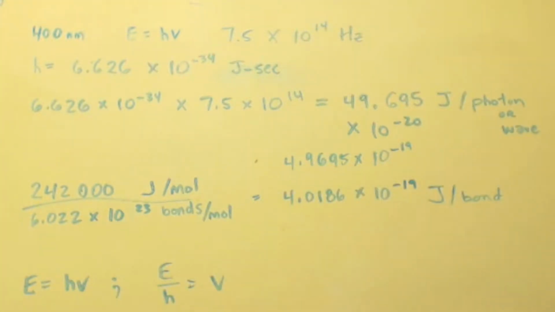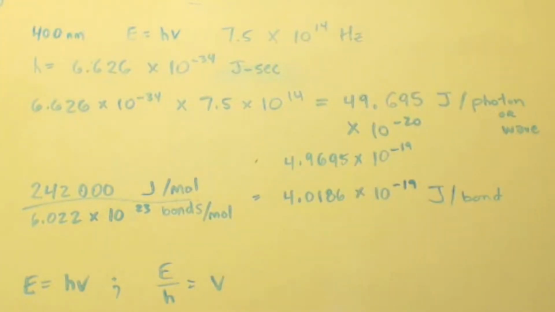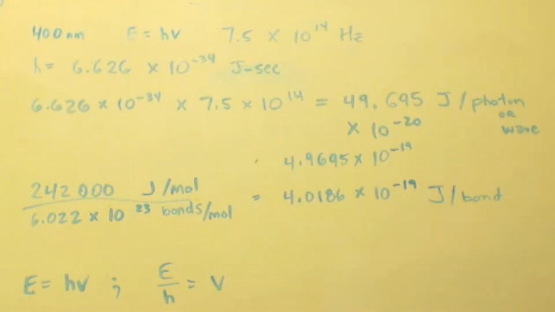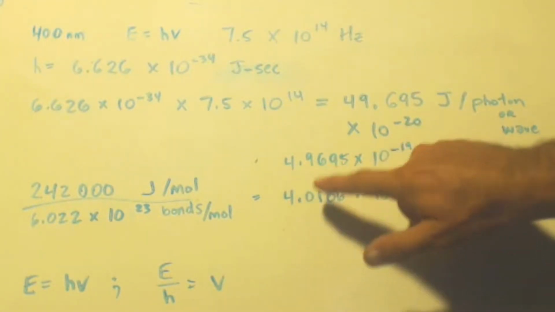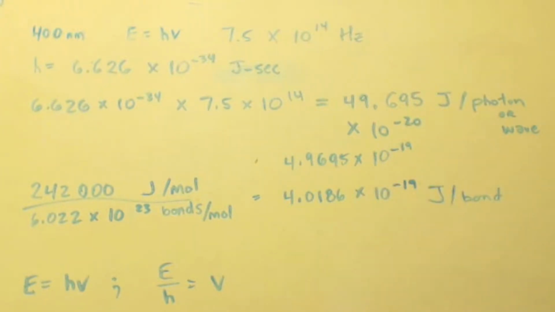You know what Avogadro's constant is, 6.021, or in this case I put 6.022 times 10 to the 23rd. The moles cancel out and you get joules per bond. How much energy, joules, does it take to break a chlorine-chlorine bond? This is the answer right here. And you can see that this is lower than this. This is 4.9 from a photon, and you only need 4.0 to break the bond.